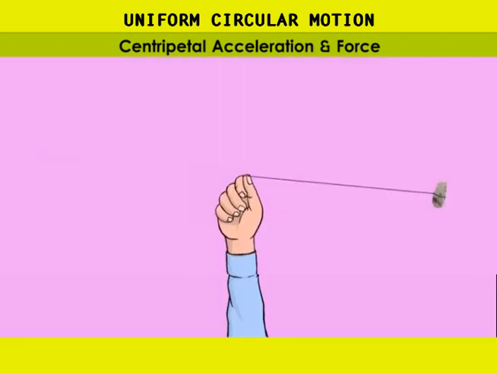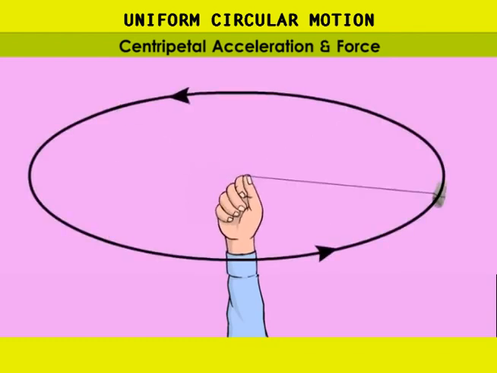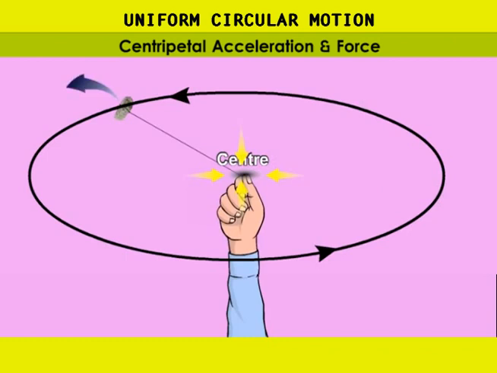Towards what direction does the force act? If you hold a string tied to a stone on one end and you swing it in a circular motion, you will feel that the stone tries to pull the string away, and you have to apply some force to keep the stone in the circular path. The force that the stone exerts on the string, trying to pull itself away from the center of the circle, is called centrifugal force.